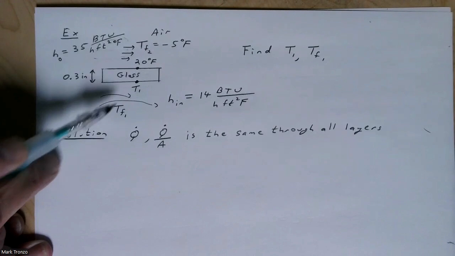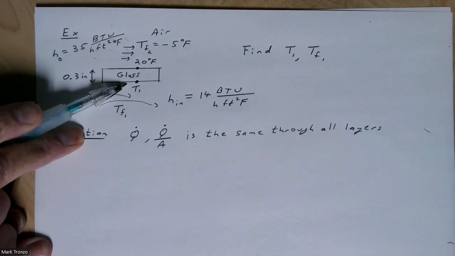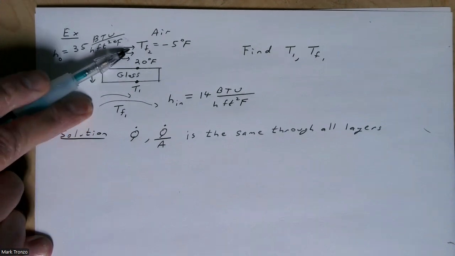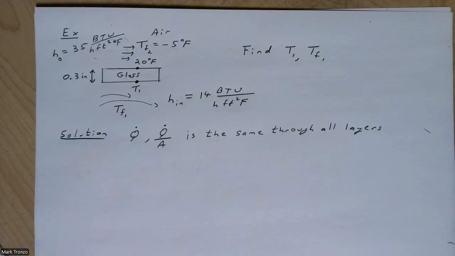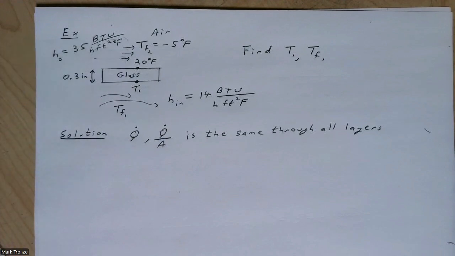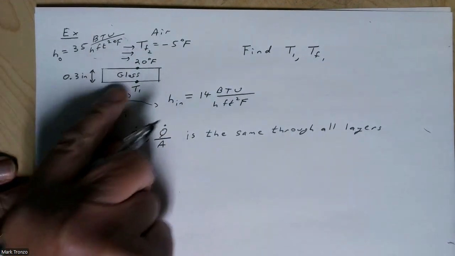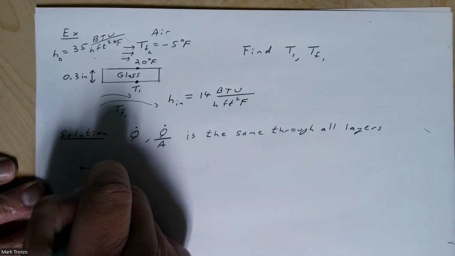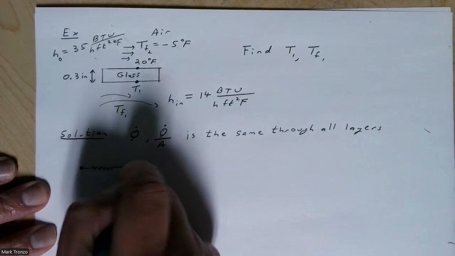In other words, the heat transfer from here to the glass, through the glass to the other side, and from glass to the air, it's going to be the same. So if we can find the heat transfer rate for any of those steps, then we're going to be able to solve this problem. Now, we're probably not going to have to use resistance too much in this, but just kind of get an idea of the picture that we have.